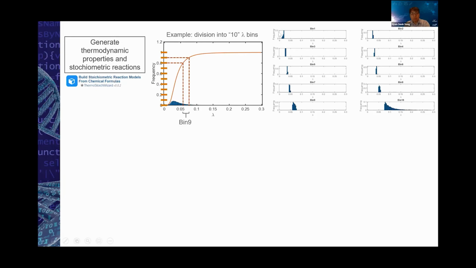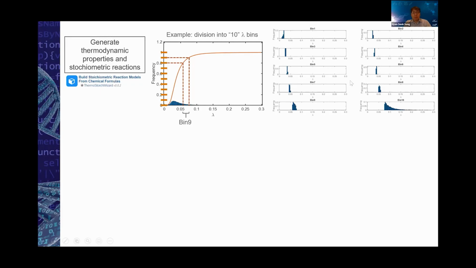So lambda bin 1 contains these compounds, then bin 2, bin 3, and bin 10. Bin 10 has a long tail, but actually it doesn't contain a lot of compounds. The scales are different here. This is still almost an equal number of compounds there, and they are very comparable.